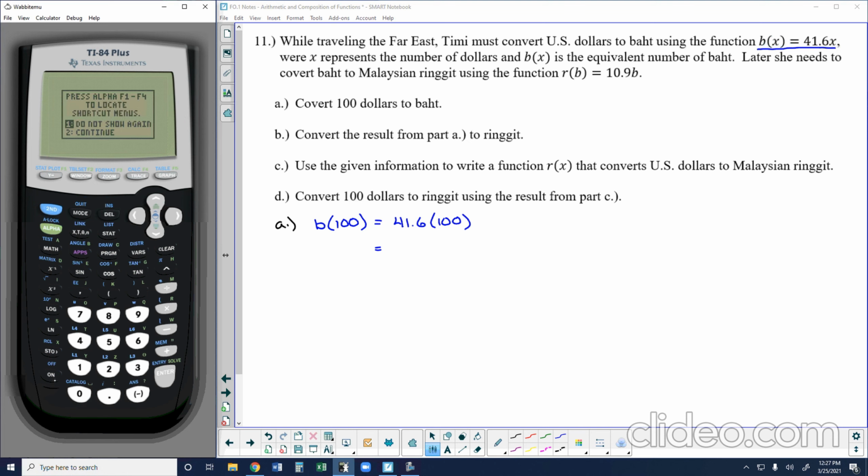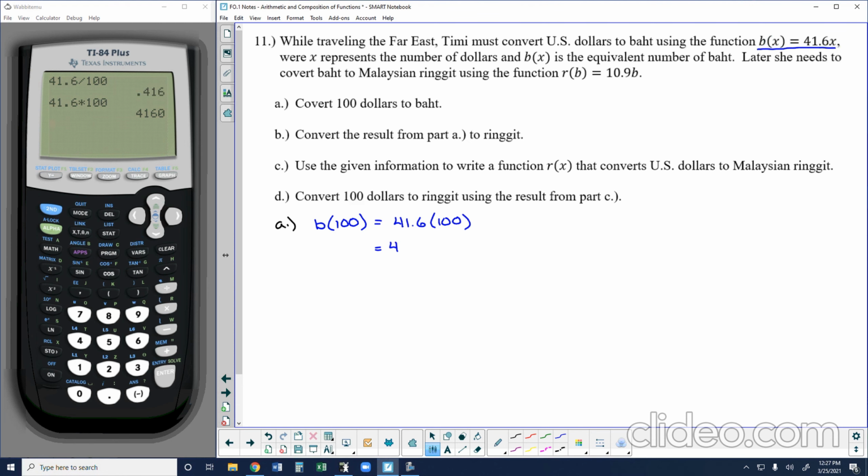And you could find that on the calculator. We could do 41.6 times 100, which would be 4160.